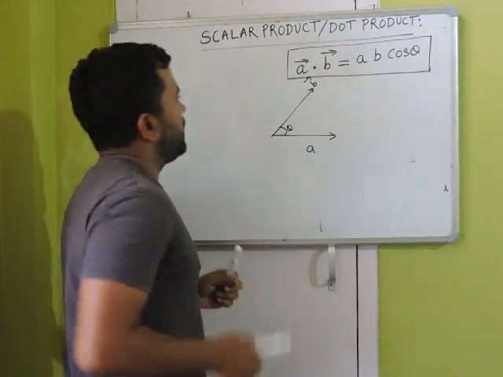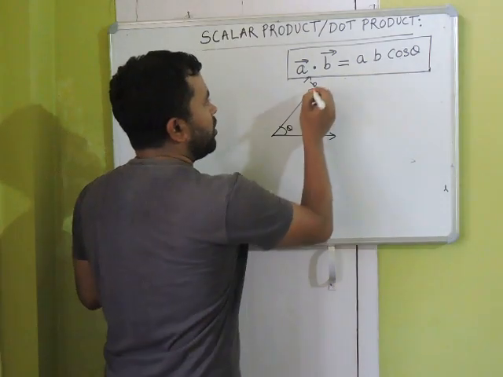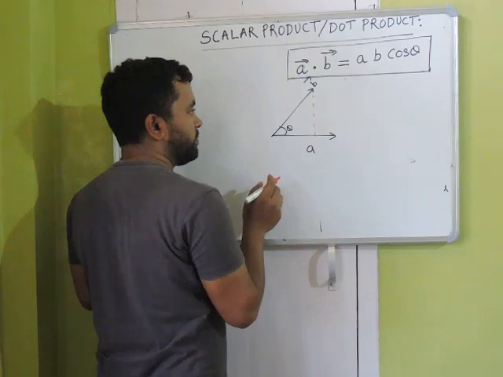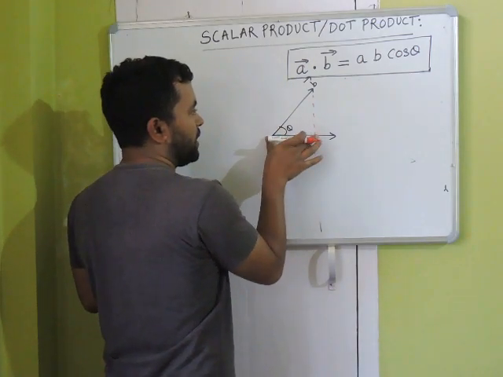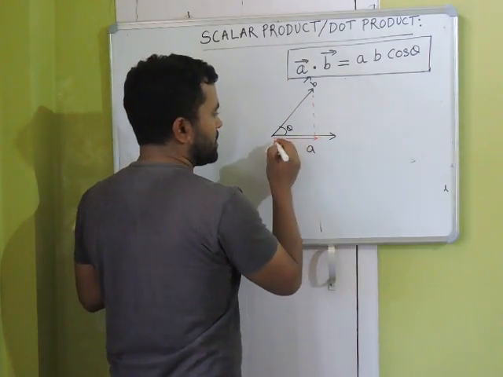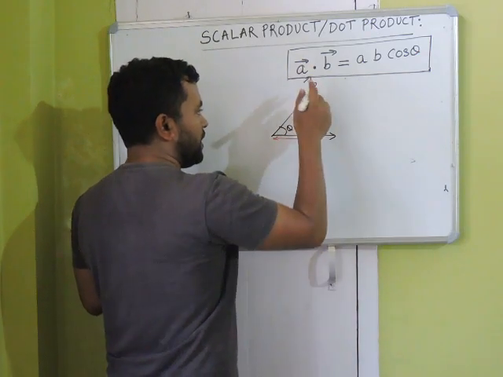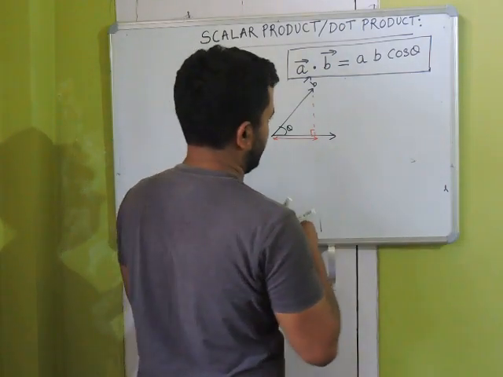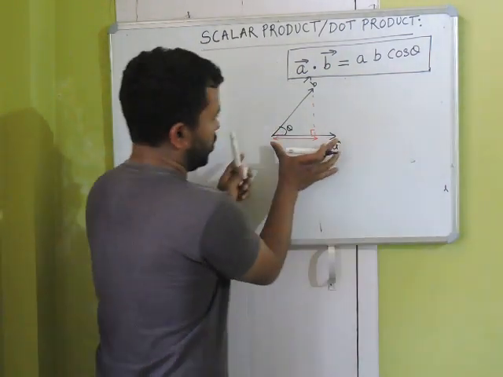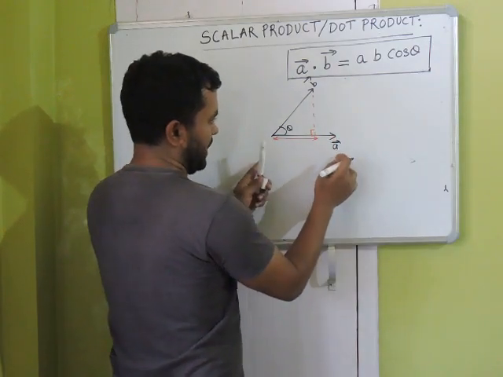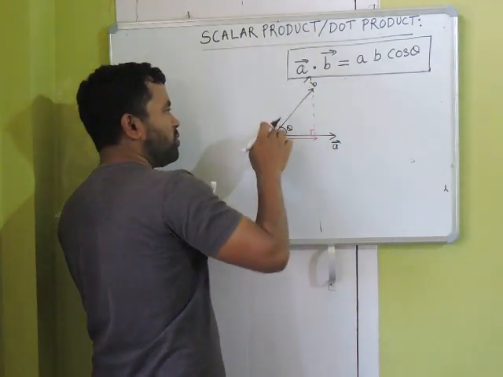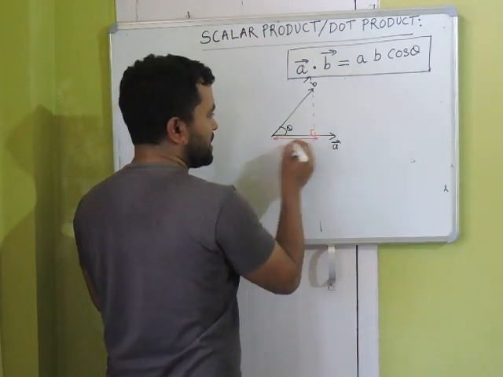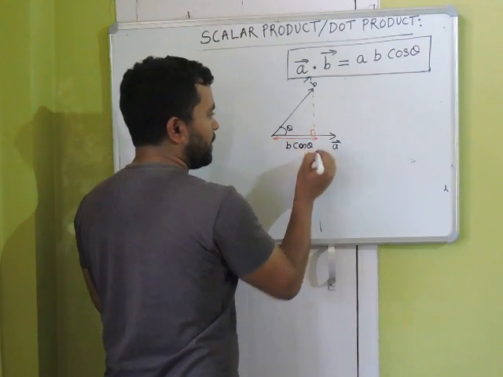If you remember how to find a component, if I drop a perpendicular here, then this length will be B cos theta. This whole vector has length A. If you use the triangle rule, and find cos theta by dropping a perpendicular, this length will come out to be B cos theta.